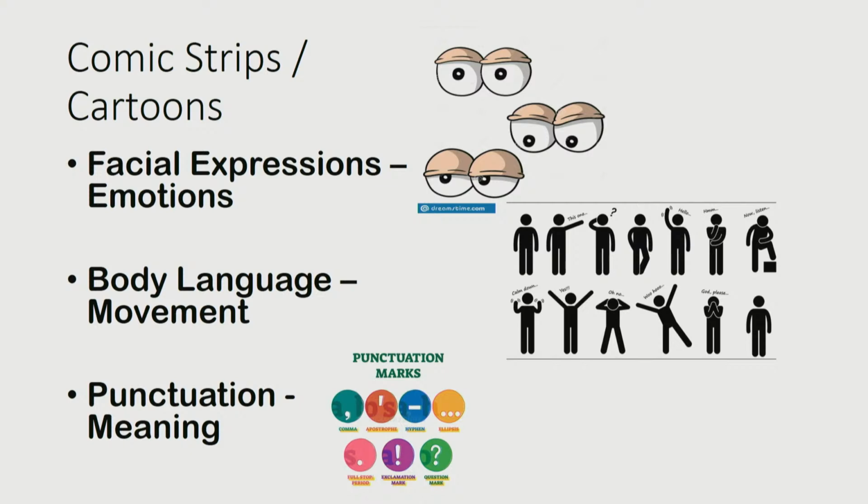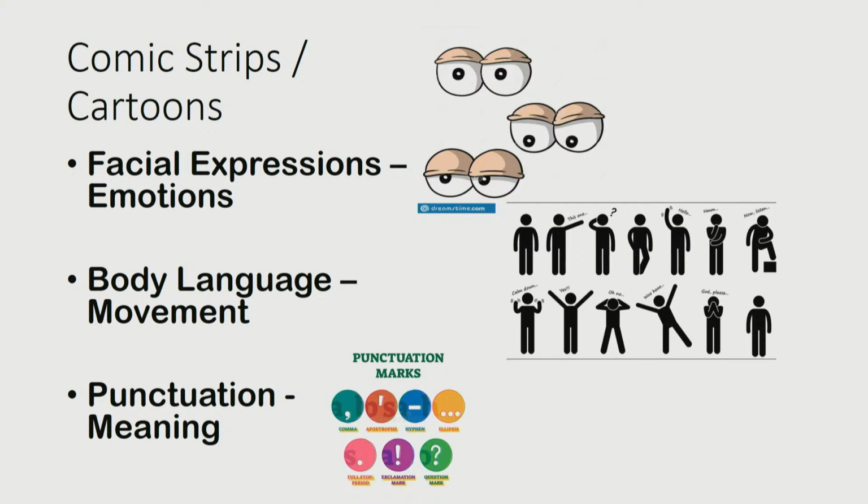Lastly, we have punctuation. Now, punctuation creates meaning. Each character speaks using a speech bubble. And how do you know the character is saying it loudly? Using the exclamation mark. If the character is confused, you have a question mark.